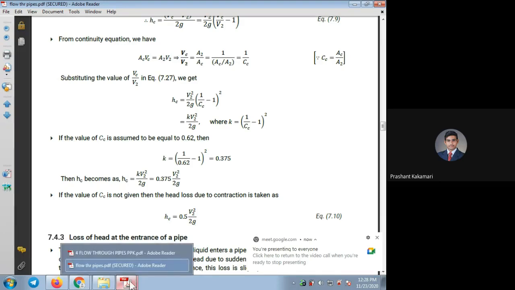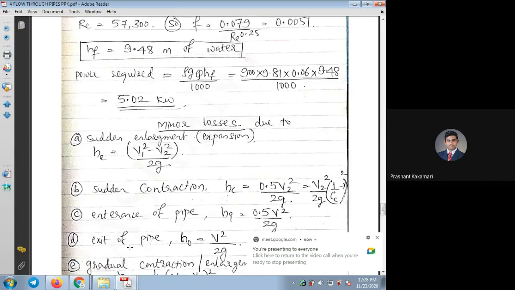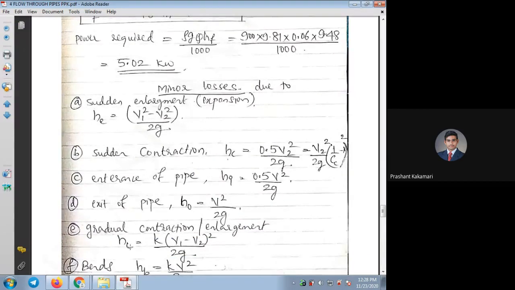So next is entrance of the pipe. This is also nothing but the flow from the stagnant point, or the flow which is stored in a big tank. That flow is flowing through a small opening in the tank, through a pipe. So that we are calling entrance to the pipe.